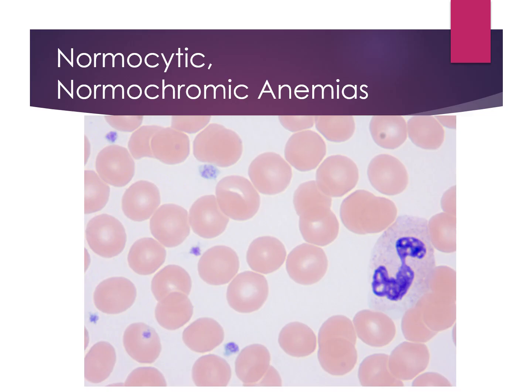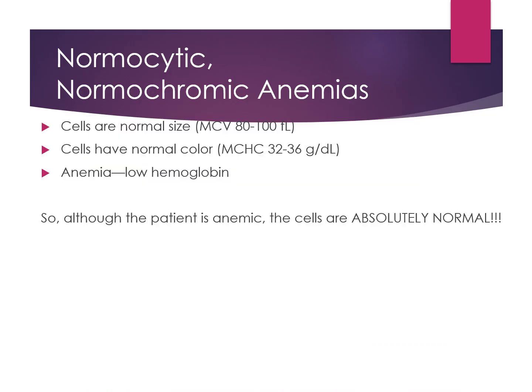Our third classification of anemias is going to be our normocytic normochromic anemias. These types of anemias have a normal MCV and a normal MCHC. So again, our cells are going to be normal in size with an MCV of 80 to 100 femtoliters.